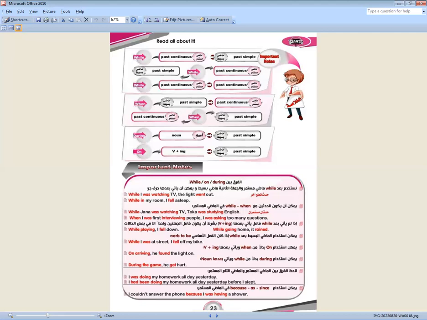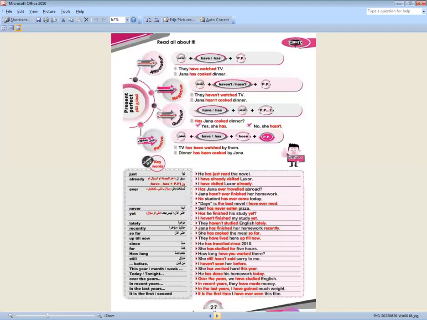After that, what's next? Okay, the next one is the present perfect. How can we form a sentence in the present perfect? We will use have and has and the past participle, which is the third form of the verb.